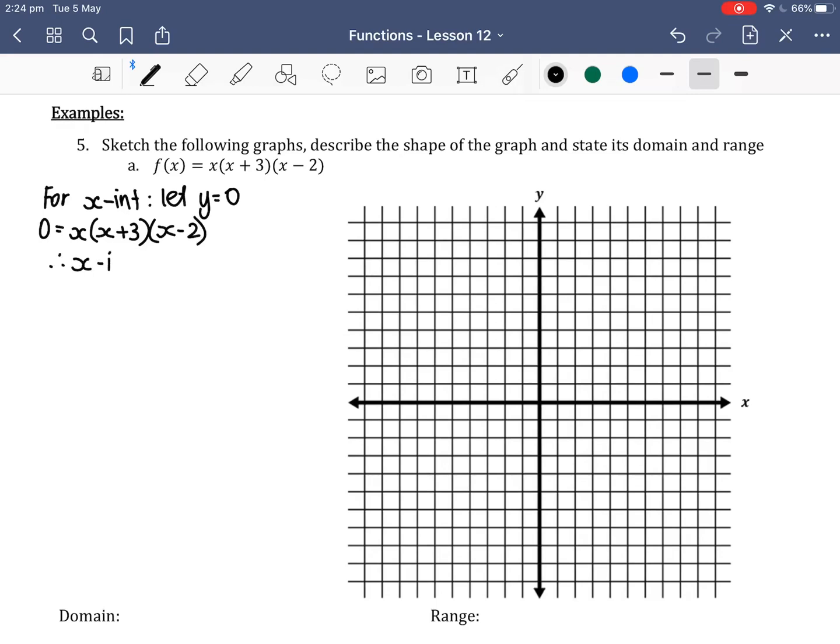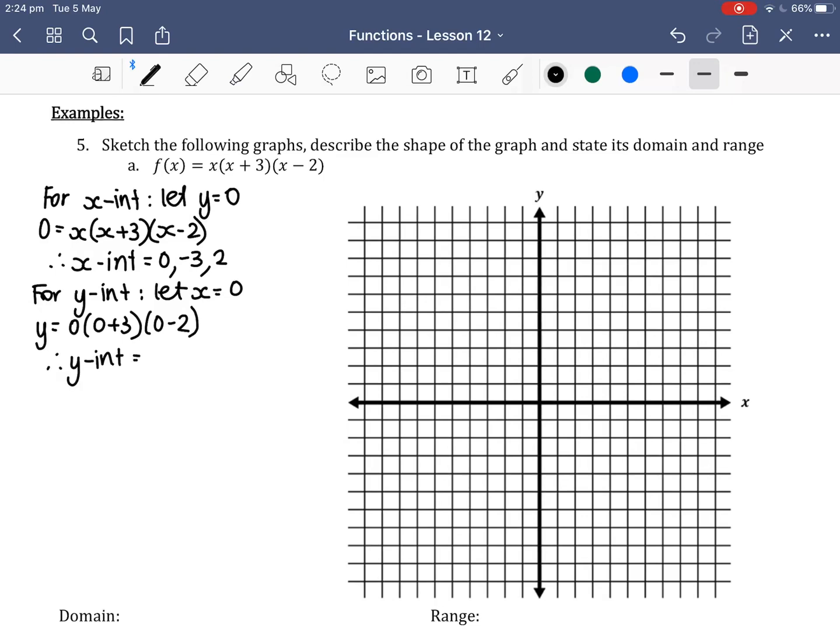So therefore our x-intercepts will equal 0, -3, and 2. For our y-intercept, we need to let x equal 0. So that means y will equal 0 times (0 + 3) times (0 - 2), which just equals 0. So therefore our y-intercept equals 0.